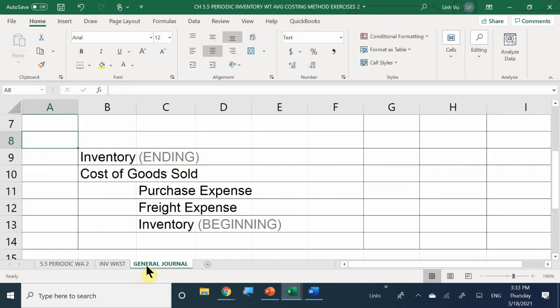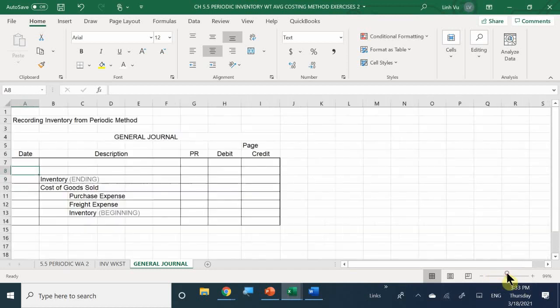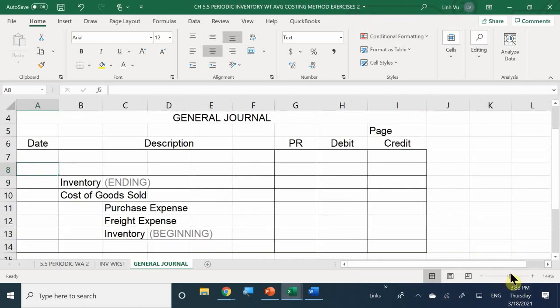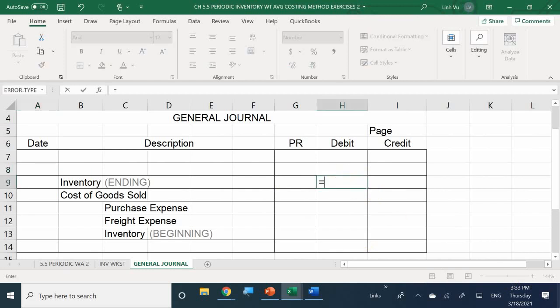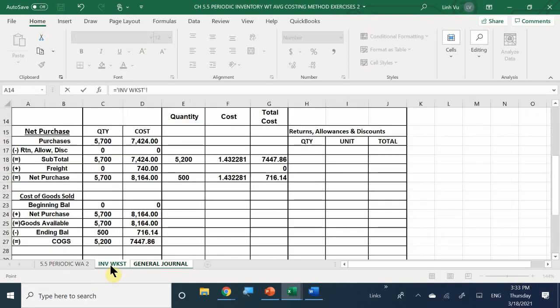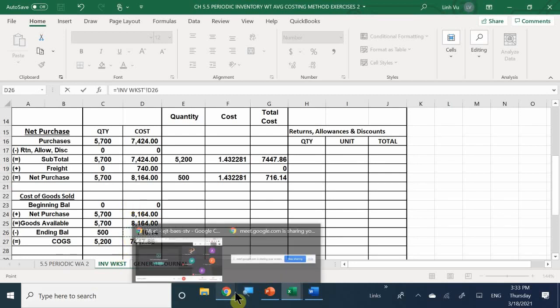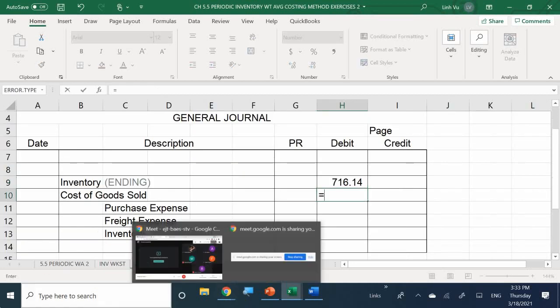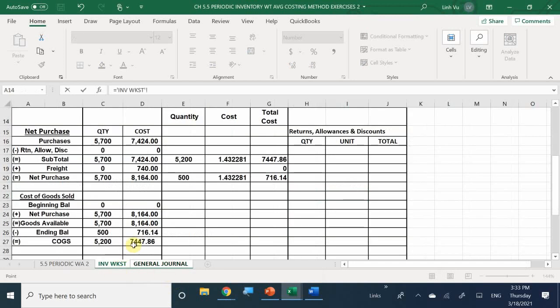Yes. Okay, so let's practice that journal one more time. So in this case, we have no beginning inventory. So what was my ending inventory? 7, 16, 14. Good. What was my cost of goods sold? 786. Good.